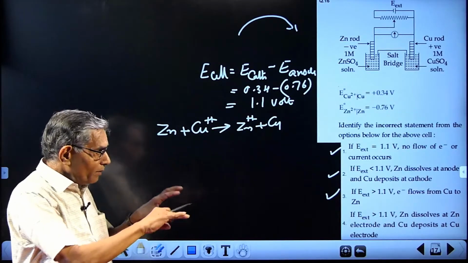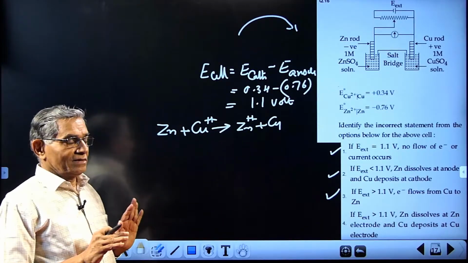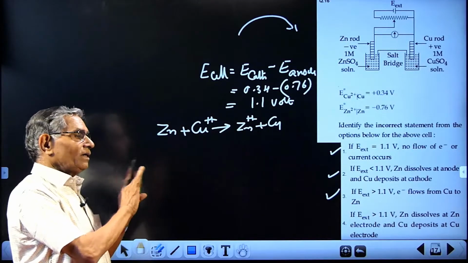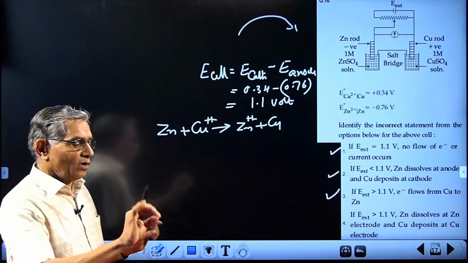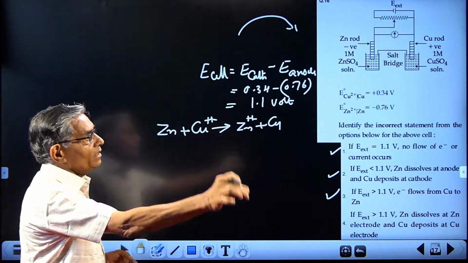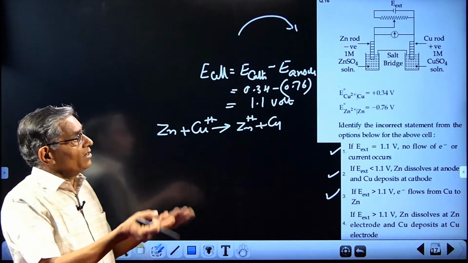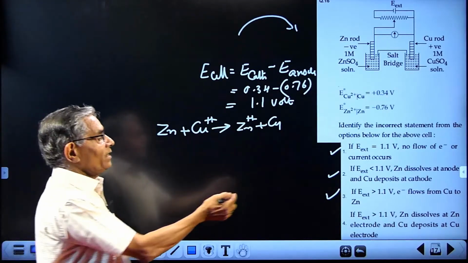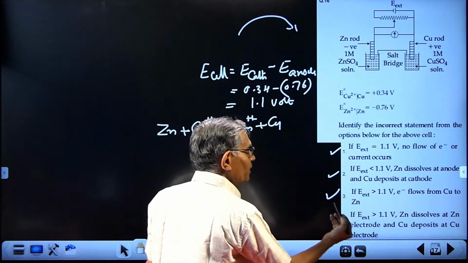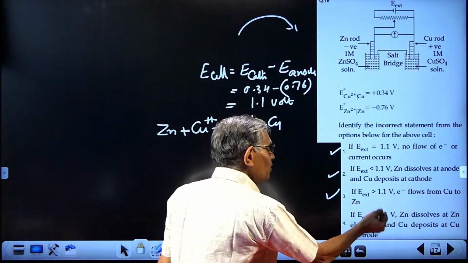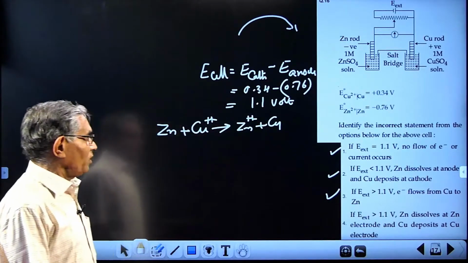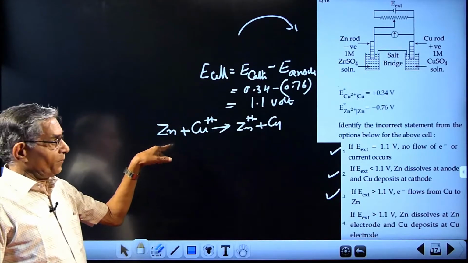If we are normally allowing the cell to work as such, zinc will be supplying electrons, copper will be accepting electrons, and electrons flow from left to right in the external circuit. But if the external voltage is greater, the reverse will take place, and that is exactly what is given here. But the fourth one is wrong, because if the external voltage is greater than 1.1 volt, reverse reaction should occur.